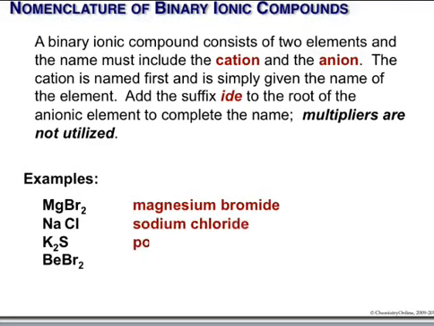Our first word is just potassium. Our root is sulf, and we add ide. Be is beryllium. Again, the root for bromine is brom. So this is beryllium bromide.